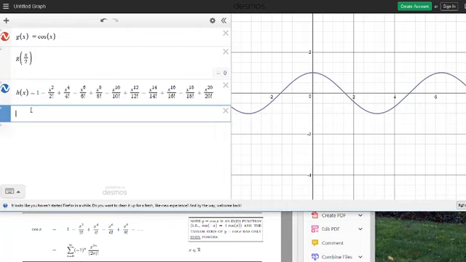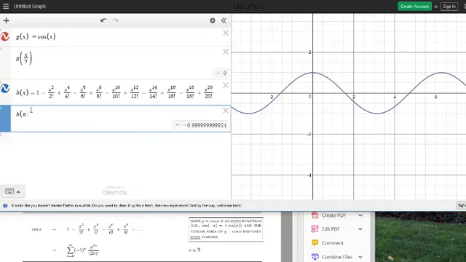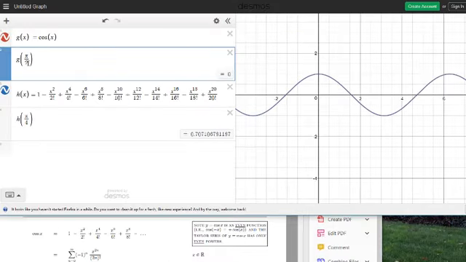But you can see now that if I were to type, for example, h of pi divided by 4, I get this answer. Let's see what this other algorithm generates. You'll notice now when I type this, both are giving me exactly the same value to this last decimal place.